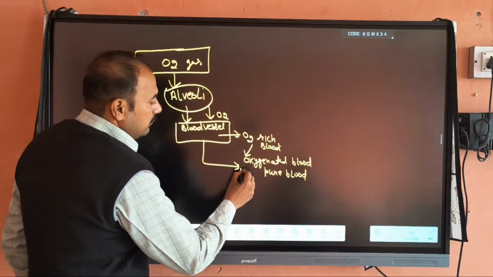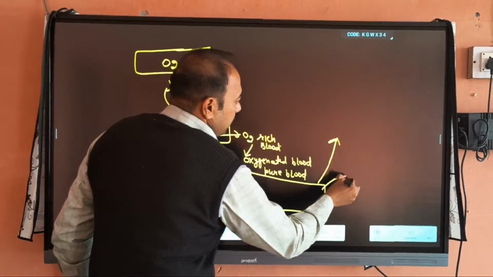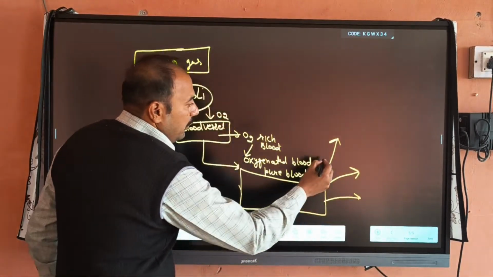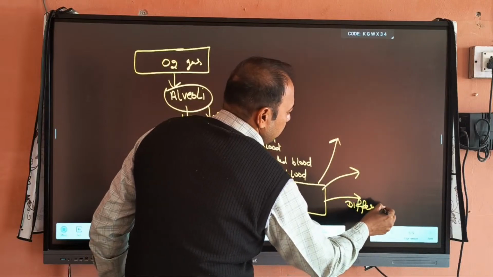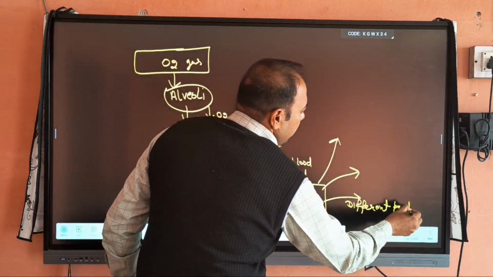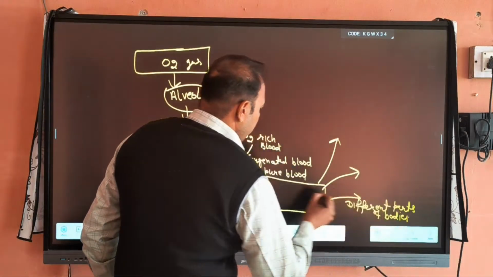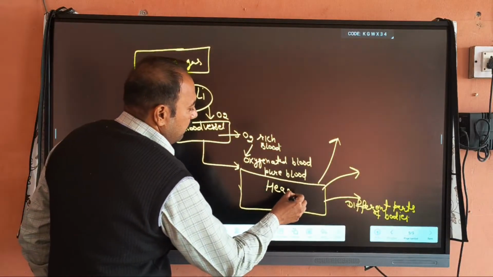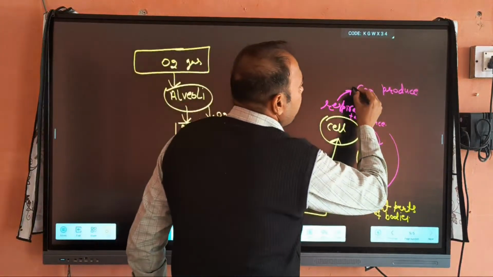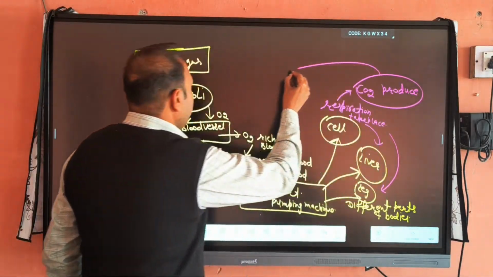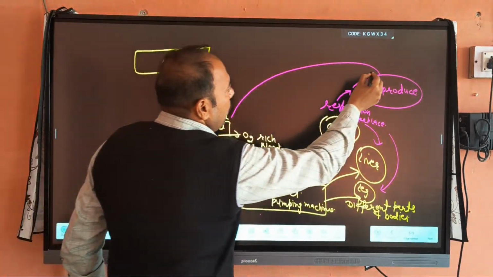This is supplied to the different parts of the body. Here the heart supplies it. Then CO2 is produced, and it comes again into the blood vessels.